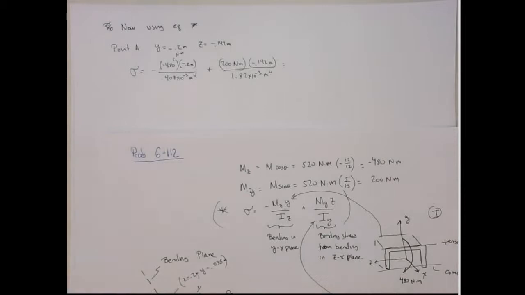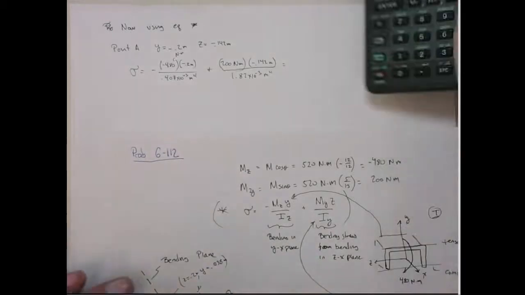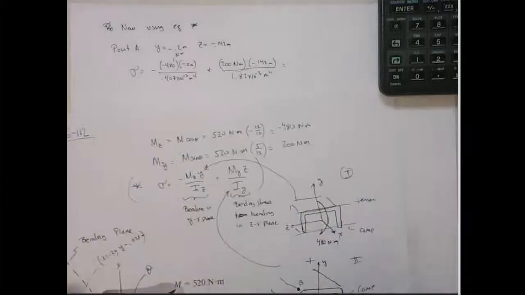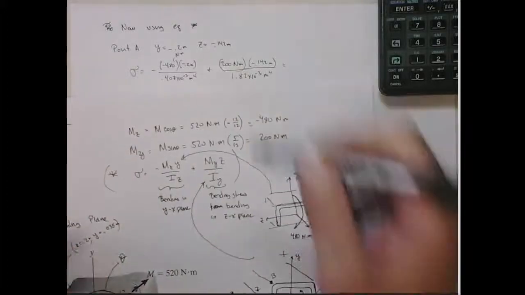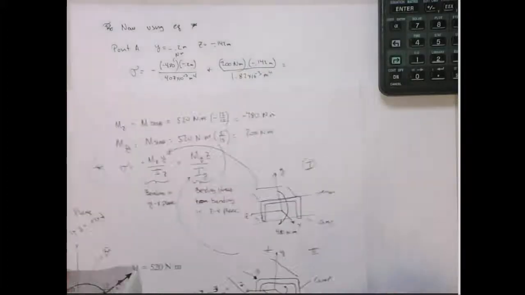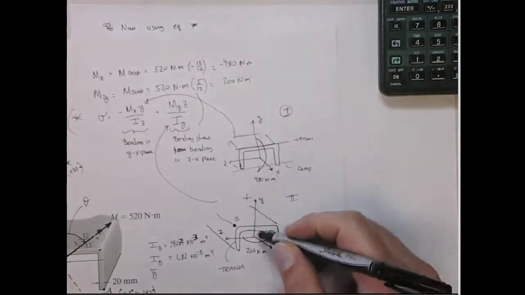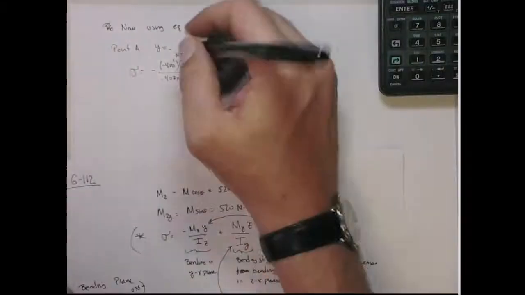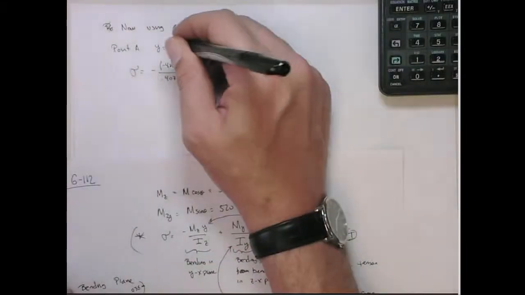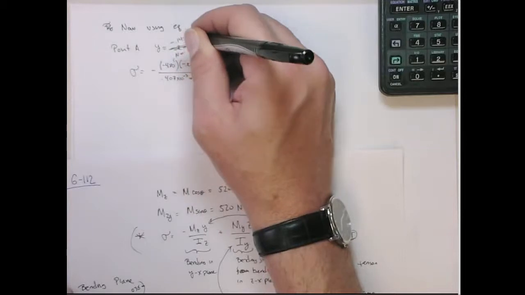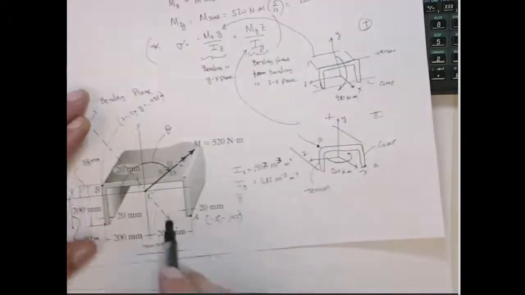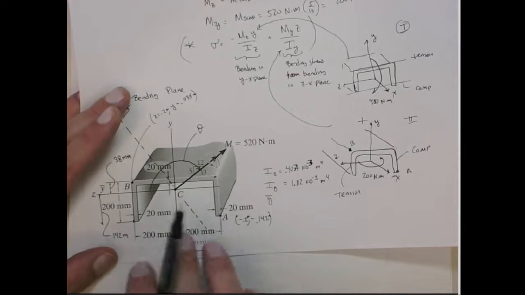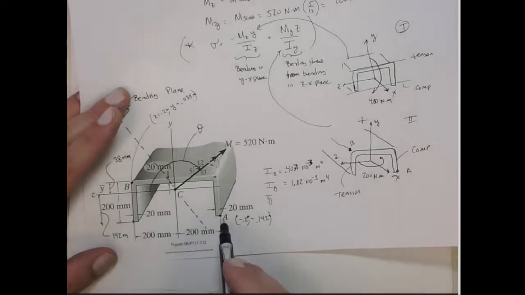What am I doing? For the y-coordinate at this point A, the y-coordinate is minus this distance, which is the 142. The z distance is minus 0.2. I have these backwards.